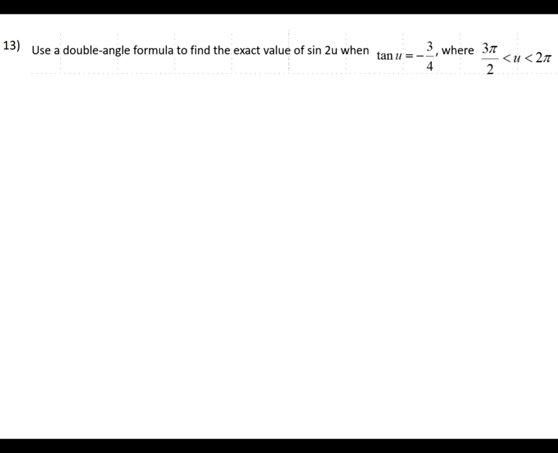13. So we're going to do the double angle. The triangle, tangent is negative 3/4. In SOHCAHTOA world, what's tangent?